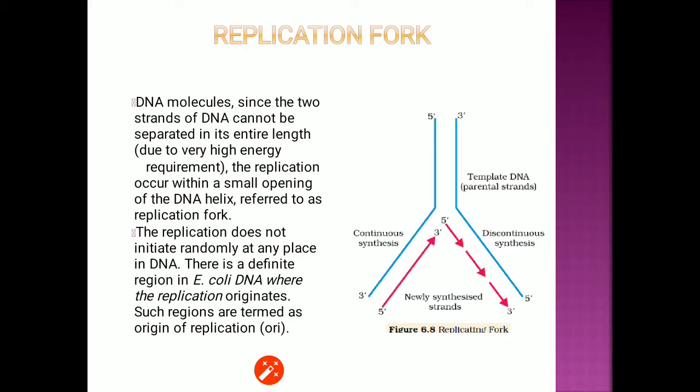It releases phosphate, which combines with the sugar and the nitrogenous base, and it turns into a nucleotide. Then with the help of the DNA polymerase enzyme, it gets attached in place, and finally polymerization takes place, one molecule after another, and we get a newly synthesized strand.